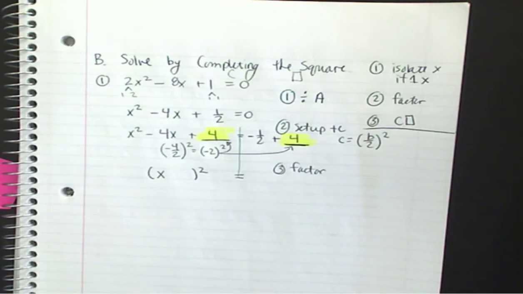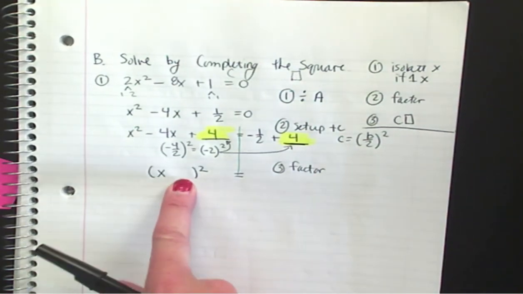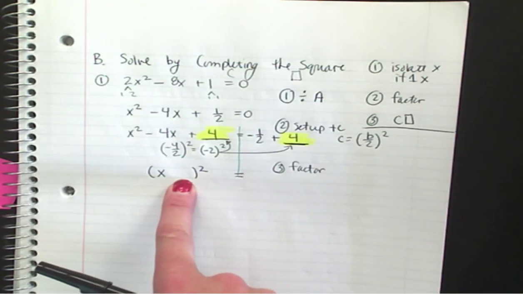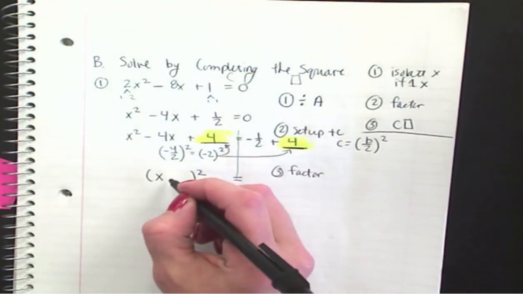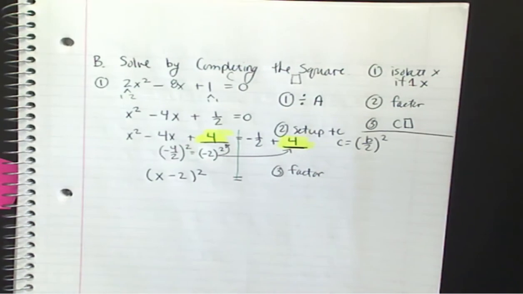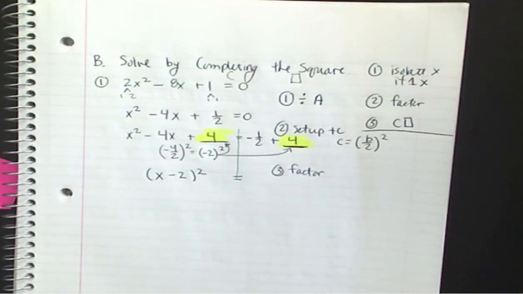What number, don't yell it, goes here? -2, yes. Okay. What number goes on the other side? Not 0. 3 and can you give me a mixed improper fraction?